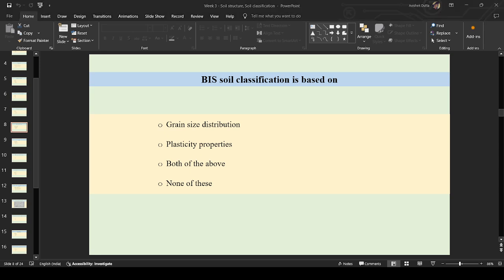I'll repeat the question. BIS soil classification is based on. The options are grain size distribution, plasticity properties, both of the above, or none of these.